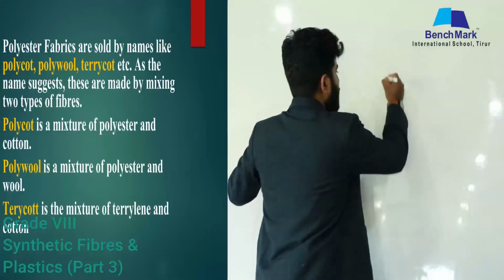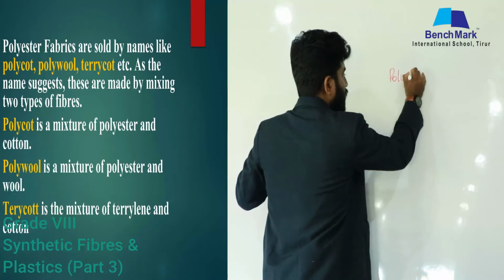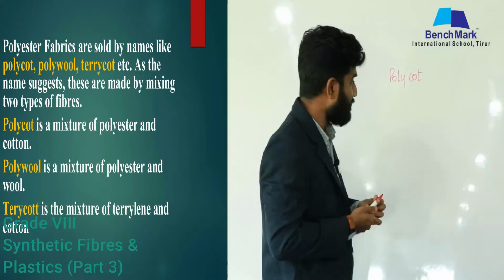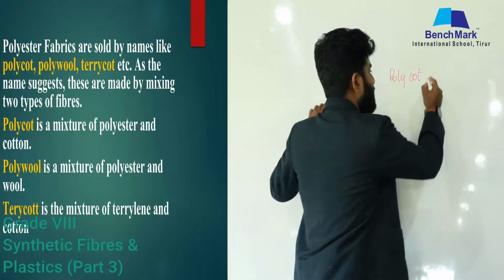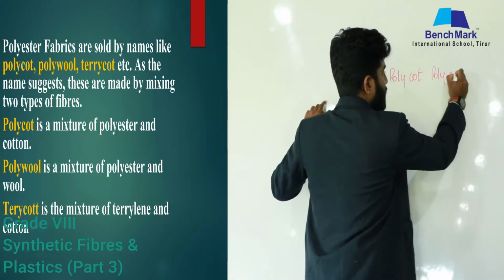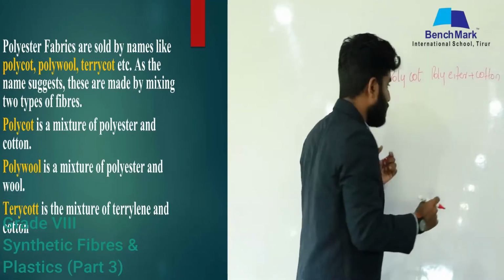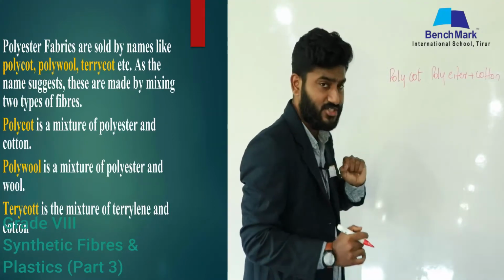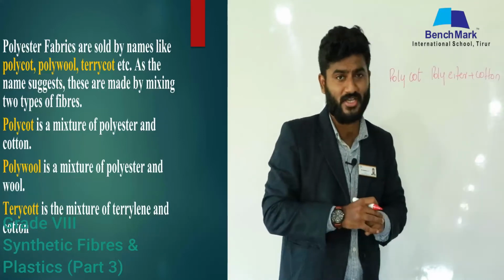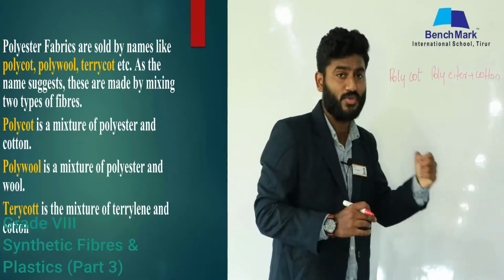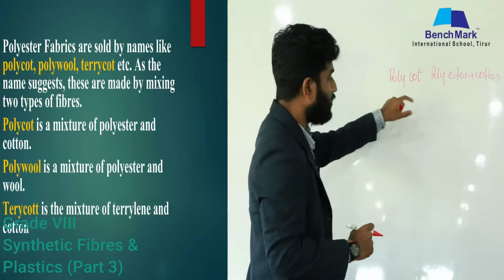For example, consider polycot. It is a type of mixture where we mix polyester with cotton. As I told you, in some situations we use pure polyester, but in some situations we mix polyester with cotton. It is known as polycot.